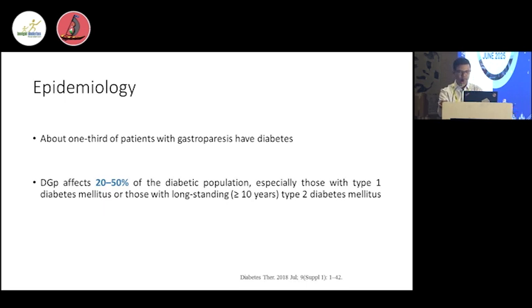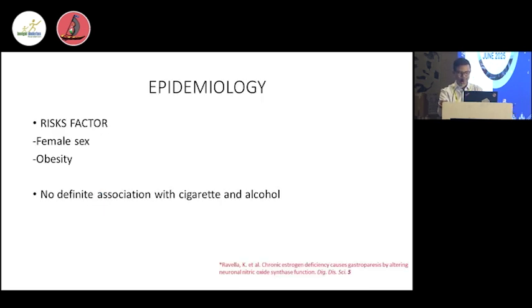All the alcoholics and smokers gathering. Mortality is high. Not just because of diabetic gastroparesis, because once diabetic gastroparesis develops, that means the patient has developed all other complications of diabetes. The estimated 5-year survival adjusted for age and sex was found to be 67% in one study.